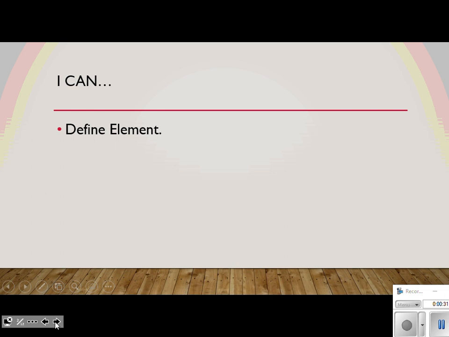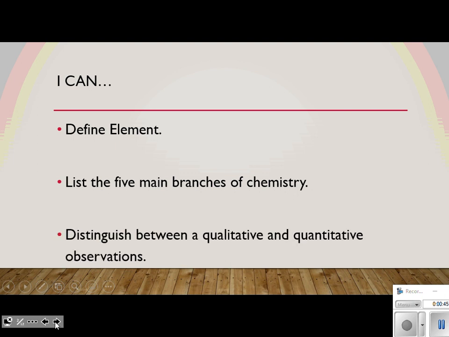You should be able to define what an element is. You should be able to list the 5 main branches of chemistry. And finally, you should be able to distinguish between a qualitative and a quantitative observation.